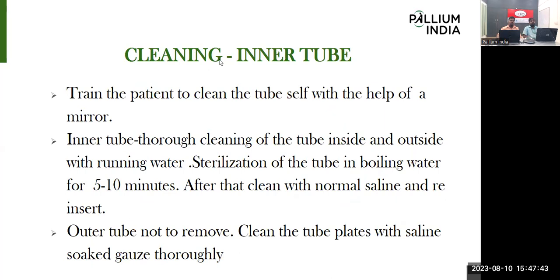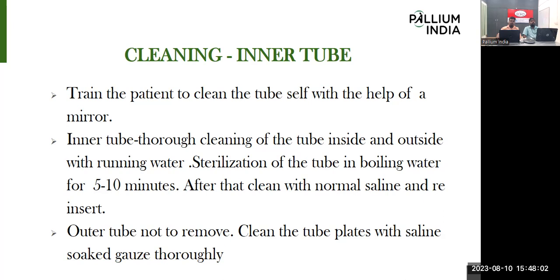I already told you that only the inner tube is removed and cleaned in between. For cleaning, we can train the patient for removing, reinserting and washing; everything can be done by the patient for the inner tube only.